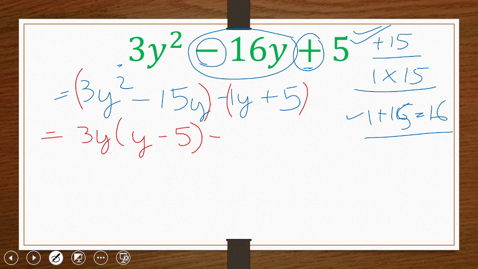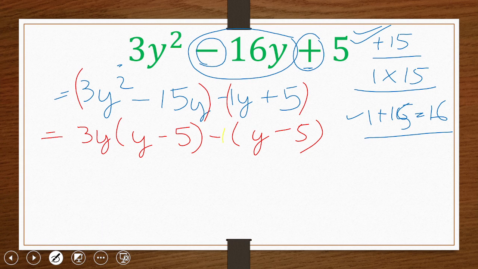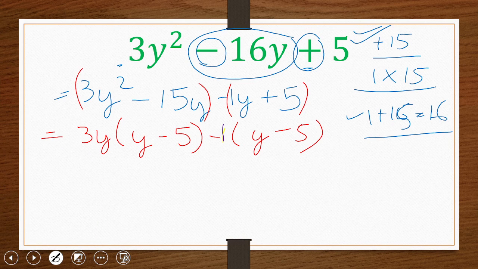Now there is no common factor, so we'll write minus 5. But if you multiply, look children, there is one twist. If you multiply this one, I hope you are able to see this one. If you multiply this one, minus 1 into y, you will get minus y, and minus 1 into 5, you will get plus 5.